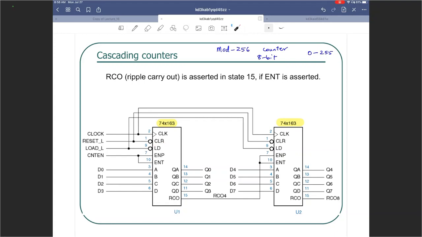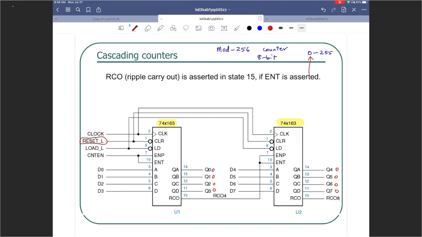My clear is connected to a user input called reset_L. So I can use that to make all of these guys 0. Let me write that in red. Maybe I may want to do that to make sure that I start at 0.